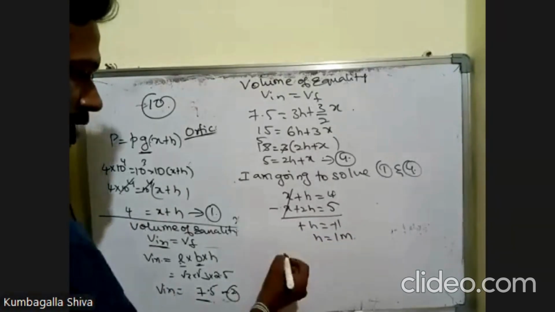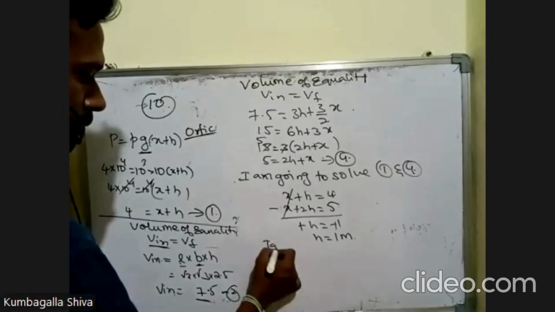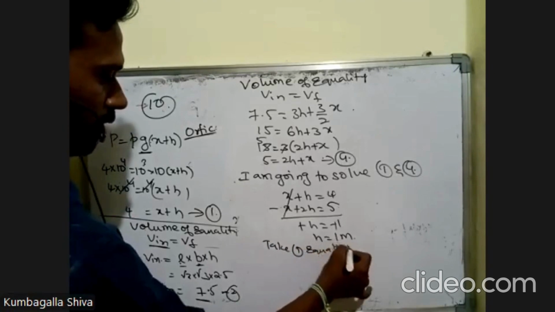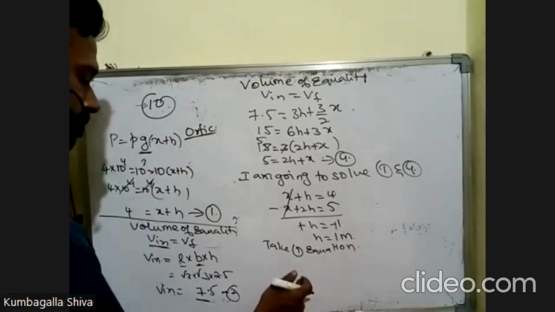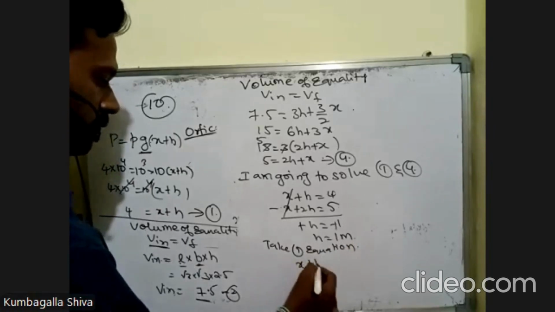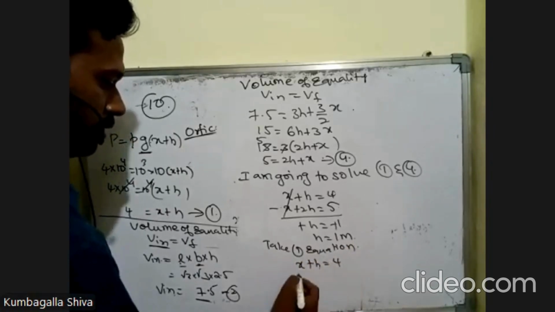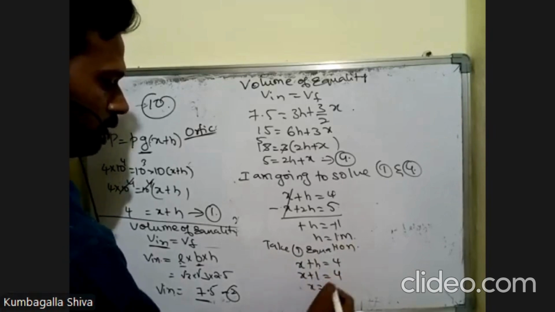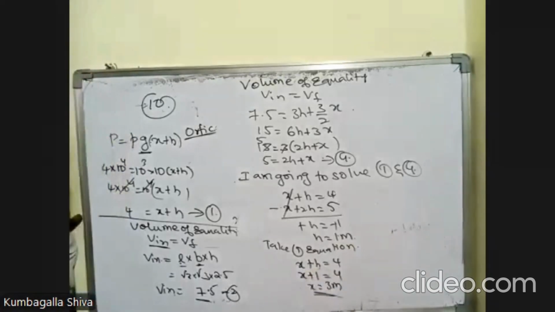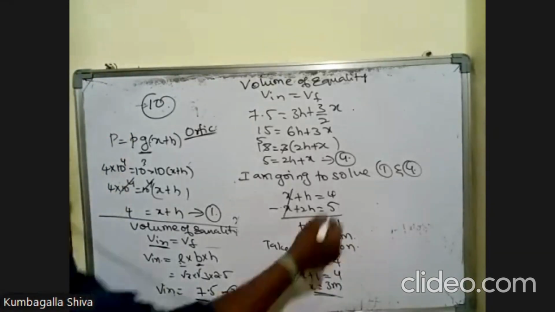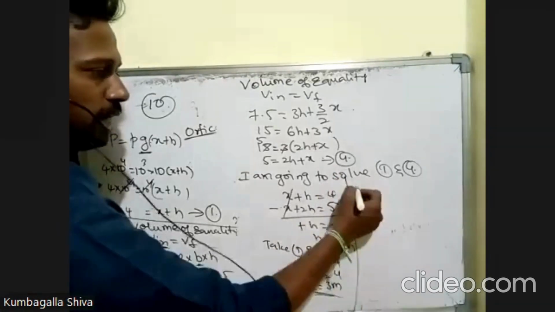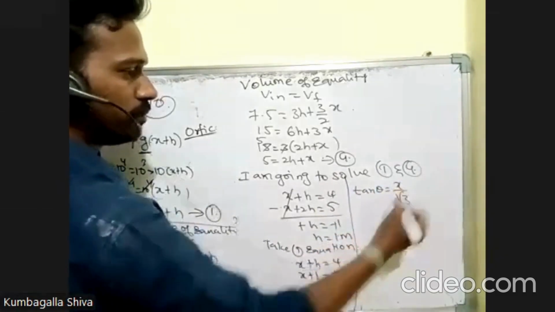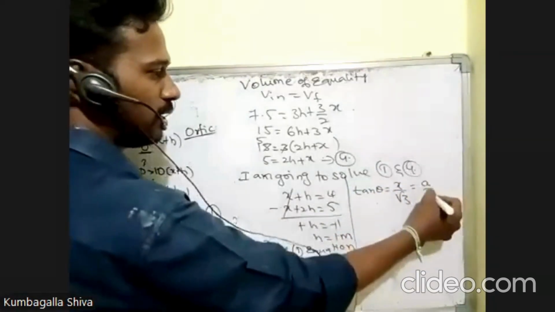Now solving for x. So take the first equation. What will I get here? That is x plus h is equal to 4. Given h is 1 meter, x plus 1 is equal to 4. Therefore, x is equal to 3 meters. Clear? x equal to 3 meters. Now, in the starting of the problem, we said tan theta is equal to x by root 3, which is also equal to a by g.